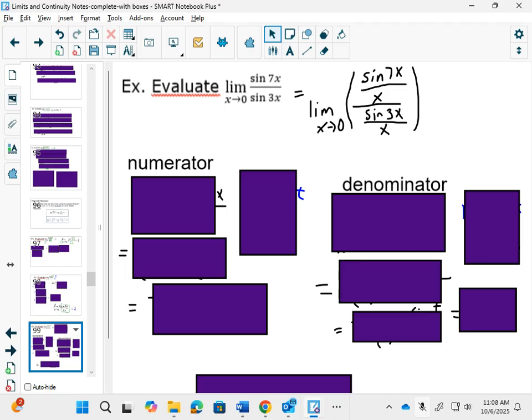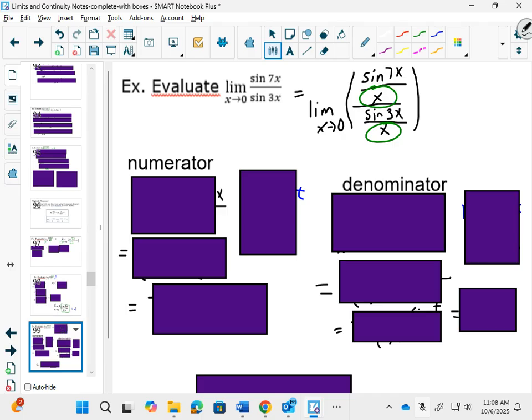So this would be actually much nicer, right, if you had this. We need to then get this to have a 7x on the bottom instead of an x, and this to have a 3x on the bottom instead of an x. So we have to be a little bit thoughtful.